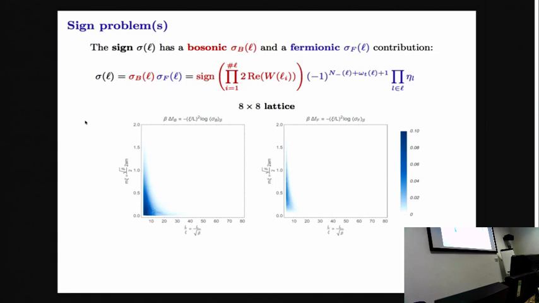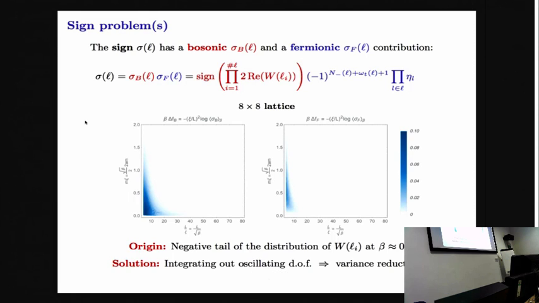We were able to integrate out the gauge degrees of freedom exactly for all values of beta, but we had to replace them by some other bosonic degrees of freedom that also fluctuate, and make the sign problem as bad as before.